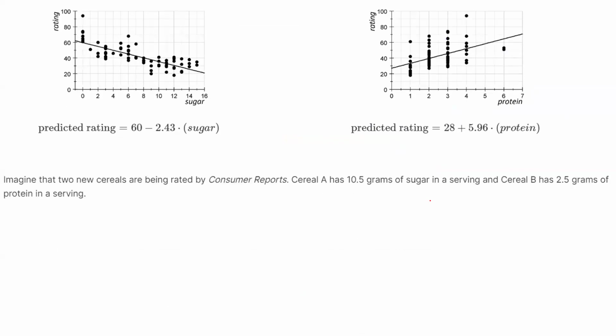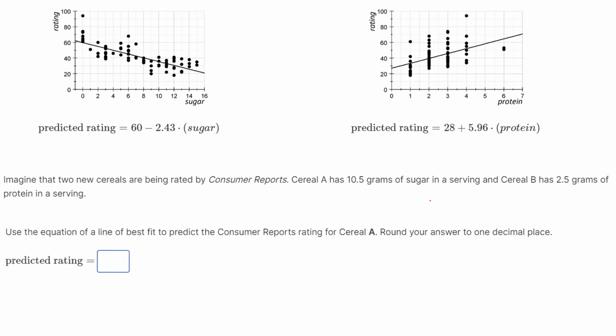Okay, imagine that 2 new cereals are being rated by Consumer Reports. Cereal A has 10.5 grams of sugar in a serving and cereal B has 2.5 grams of protein in a serving. Use the equation of a line of best fit to predict the Consumer Reports rating for cereal A and round your answer to 1 decimal place.